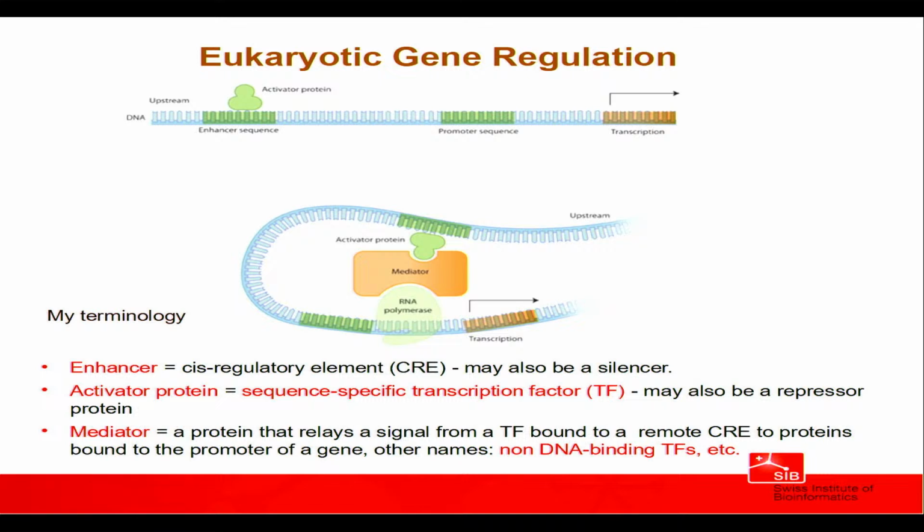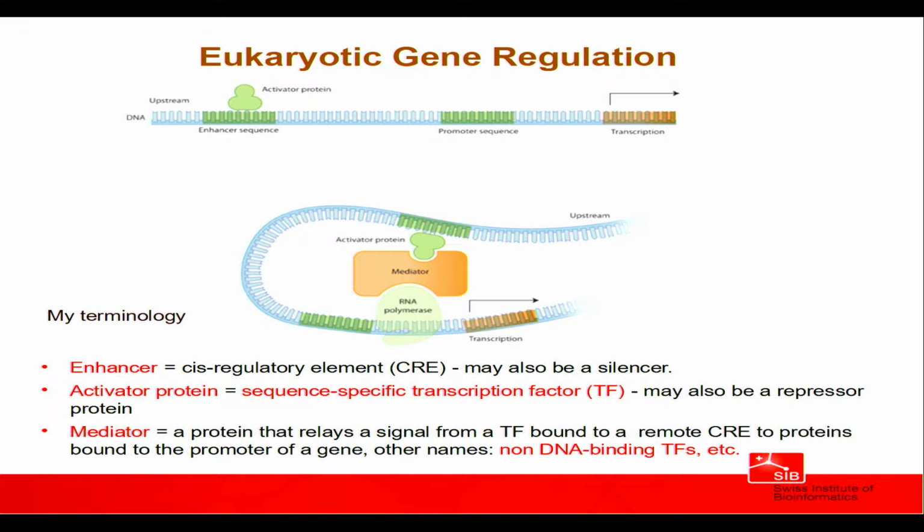Here we have a diagram on top of the slide where a so-called activator protein binds to a DNA element which is called an enhancer. Somewhere downstream there is a region called the promoter, and then comes a region labeled as the transcribed region. Now, the essence is that we believe that gene regulation doesn't happen at promoters in eukaryotes, unlike a concept that came from bacterial gene regulation.